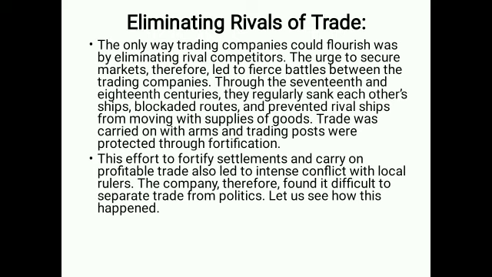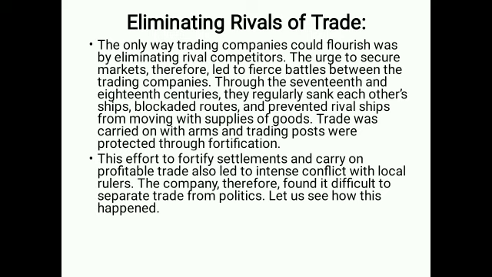Eliminating the rivals of trade. Now, it is very important that the company should eliminate or remove all other rivals, all other trading companies. The only way trading companies could flourish was by eliminating rival competitors. The urge to secure market therefore led to fierce battle between the trading companies.